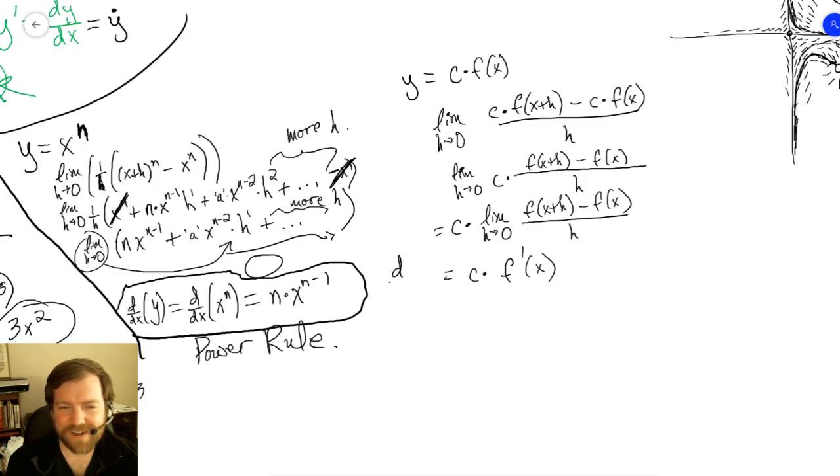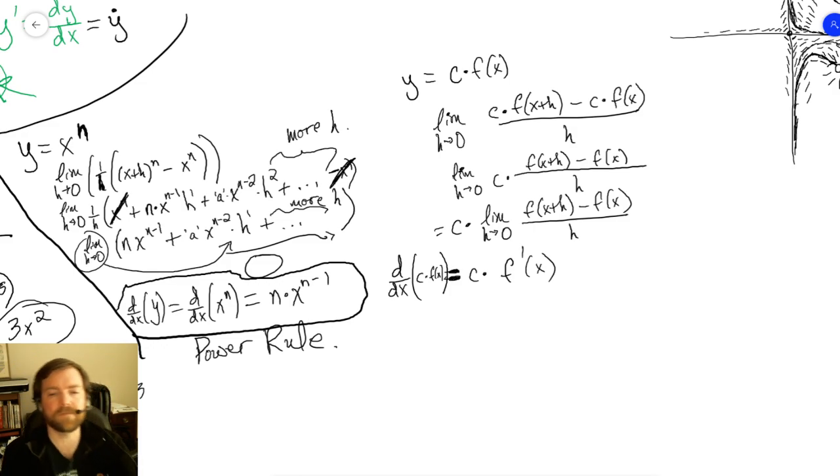All right, so this is if we were taking d dx of c times f of x. So some function. Take the derivative of c times f of x, we end up with c times f prime of x.